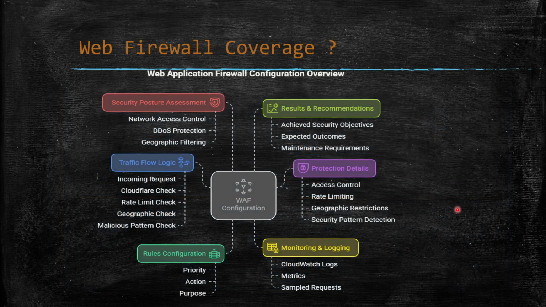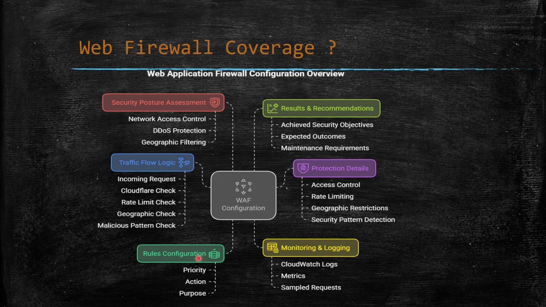What does the web firewall cover? It provides a security posture assessment, it provides traffic flow logic, and it has rules configuration. Based on your traffic flow, like incoming requests, Cloudflare checks, rate limiting, whatever we have, those rules can be defined with a priority, which lets us decide which particular rules have to be checked first.